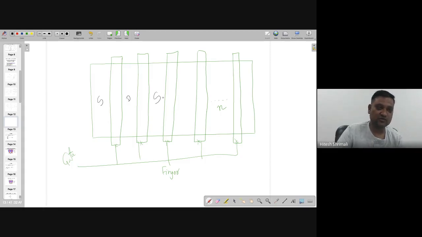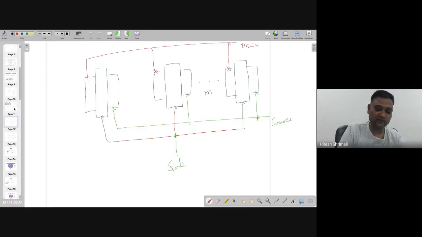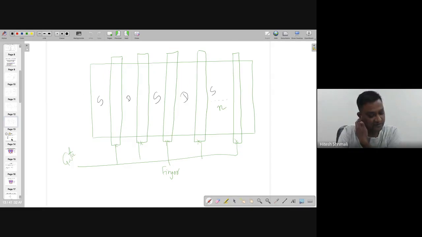Again, the source is also overlapping and it takes the area from both sides. Source, drain, source, drain, source, drain. Here in the multiplier, it was not there. Look at this. This space was empty. Of course, you can keep one on top of another one and it looks alike, but that is what the multiplier does.